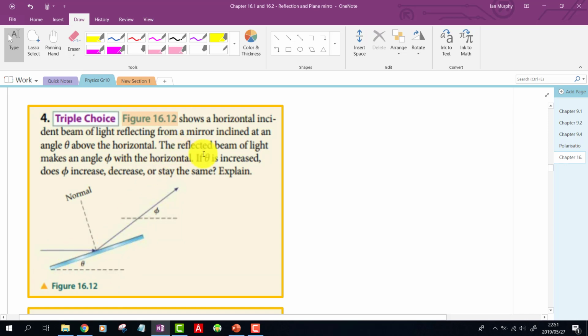The reflected beam of light makes an angle, I'm actually not sure what we call this symbol, with the horizontal. If theta is increased, does that increase, decrease, or stay the same? Explain.